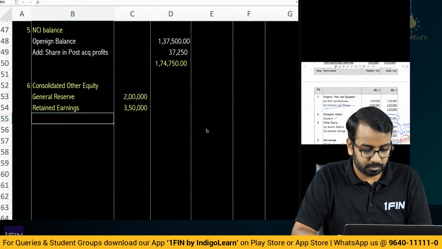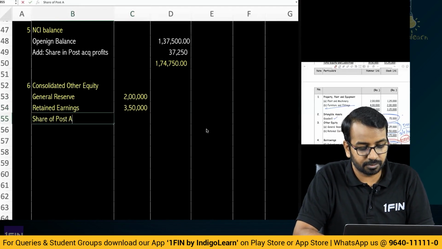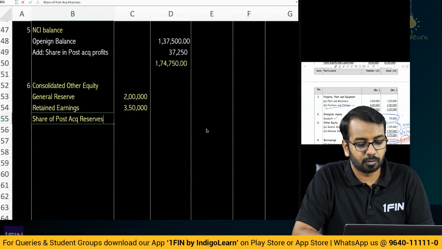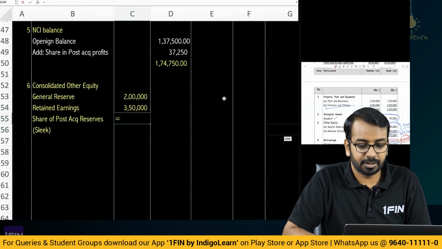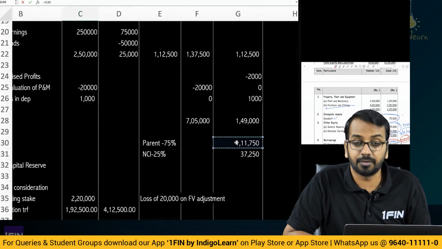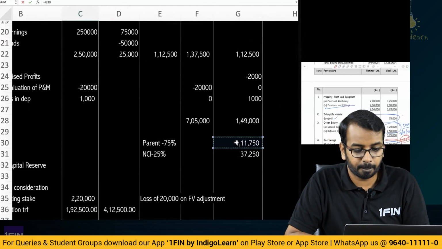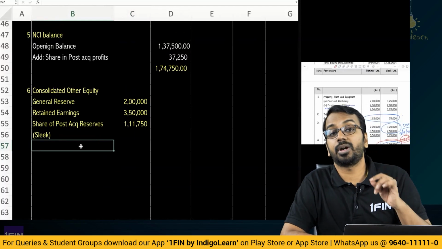Then the share of post acquisition reserves from the subsidiary Sleek, that we have calculated here, is 1,11,750, the post acquisition component. Then we have some more adjustments to be done.